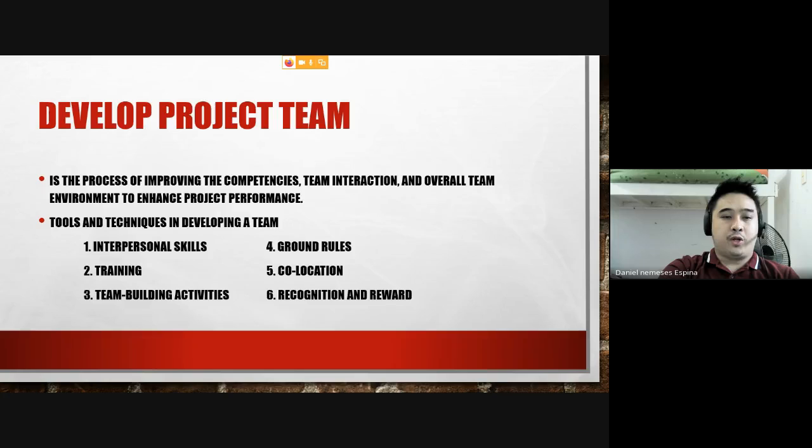So aside from the training, there should also be mga team building activities. So it's very important nga sa isa ka project team, suod na or they know each other well so that they can increase their teamwork capability. Then the ground rules, so rules must be set to guide the project team on how to behave or how to do their job. Number five is co-location.